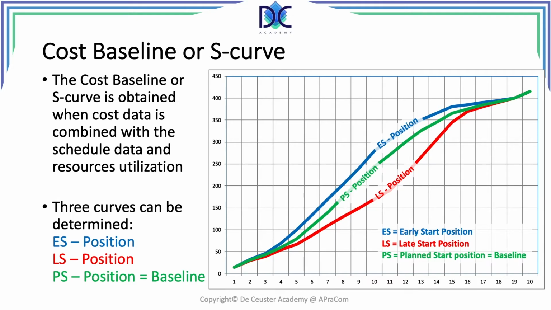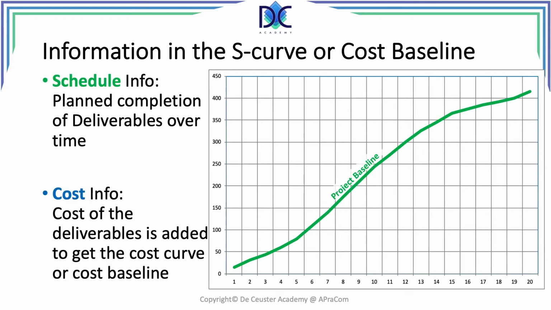This gives us how the money is spent over the time of the project when we will execute the project. This is the goal, and this is the position we have to compare with the work we do and the money we actually spend.